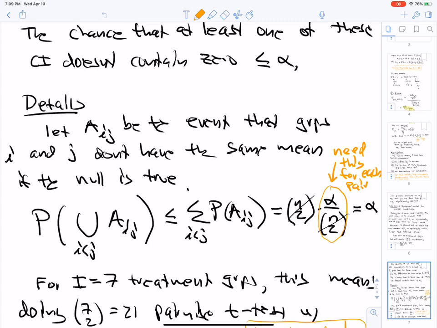So we need the probability of Aij to be alpha over n choose 2, because we're looking at a sum of n choose 2 terms, each with an error. So we need the error to be alpha over n choose 2 so that the sum will just be alpha.